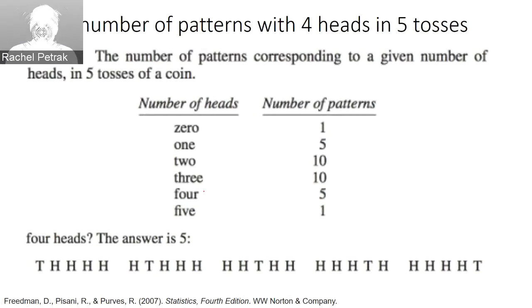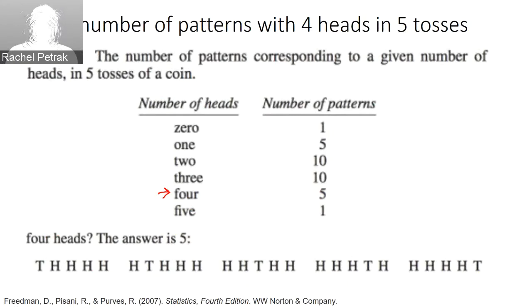And we can see there's various patterns, but let's really unpack this by looking at the scenario where we have 4 heads. And when we toss the coin 5 times, there are 5 different patterns that can lead to an observed value of 4 heads. So table 1 here shows how many patterns there are for any given number of heads.